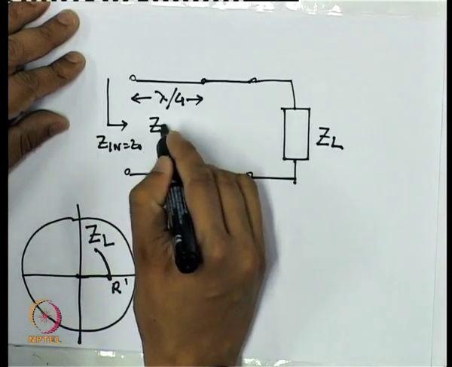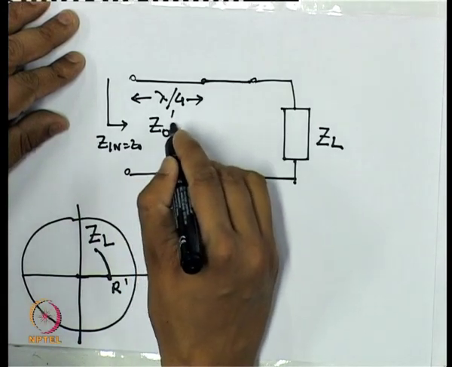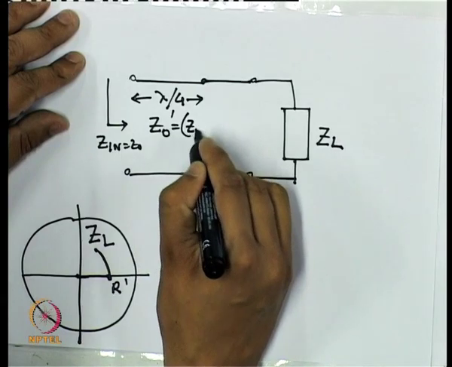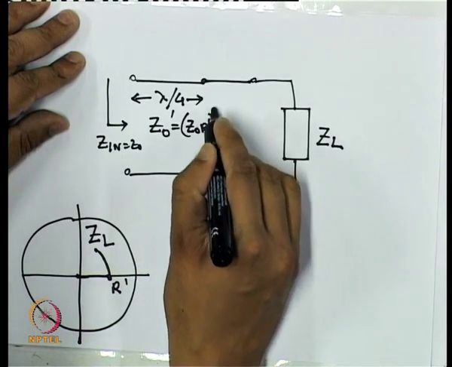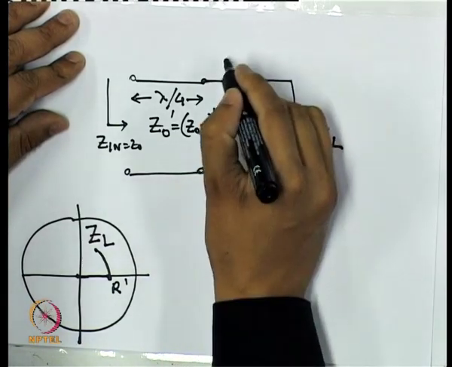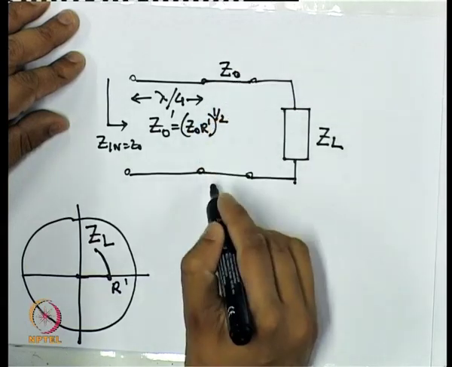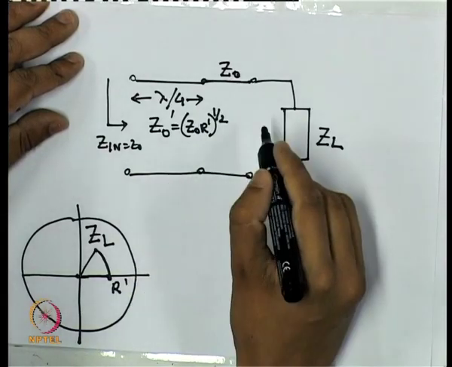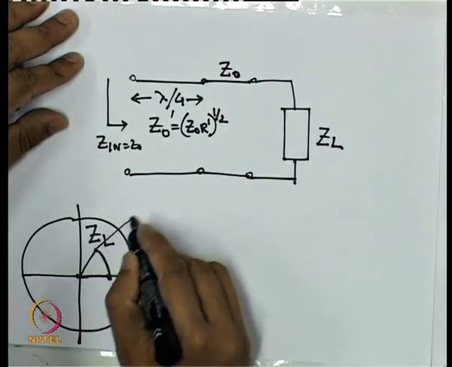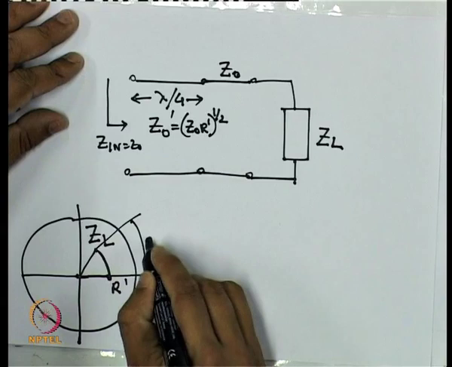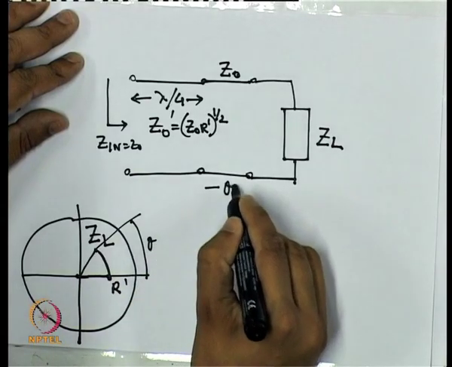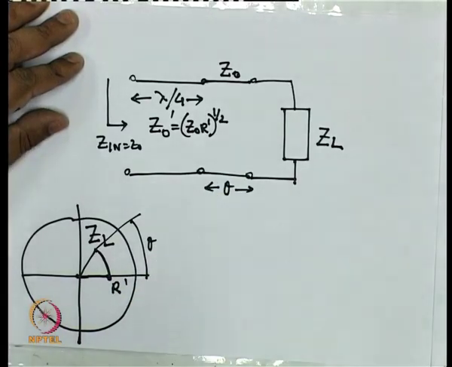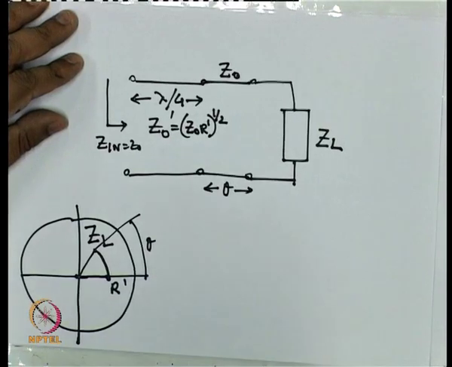Then the characteristic impedance of this quarter wavelength will be, so this is what the circuit would look like.